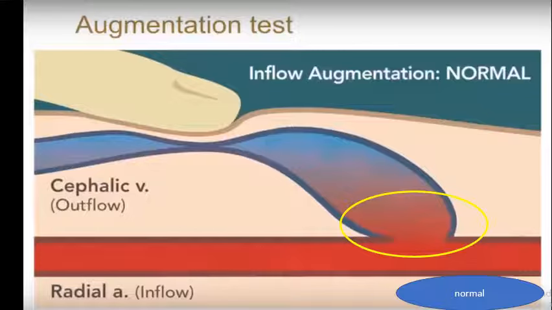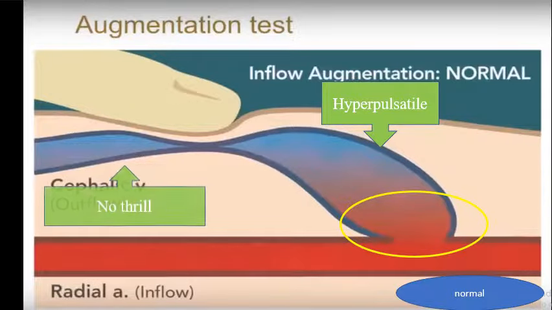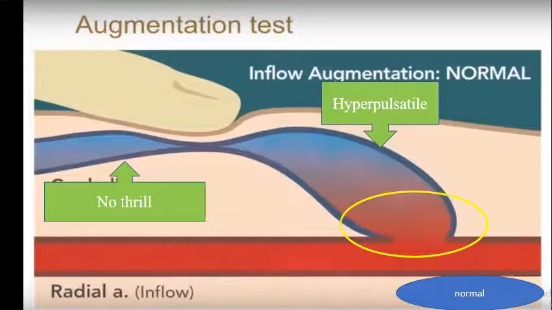When you close the vein, you have closed the outflow or the drain of the AV fistula, and the artery continues to push the blood to the AV fistula. So this will cause the segment between your finger and the fistula to be hyperpulsatile, and the thrill will be absent after the site where you close by your finger.